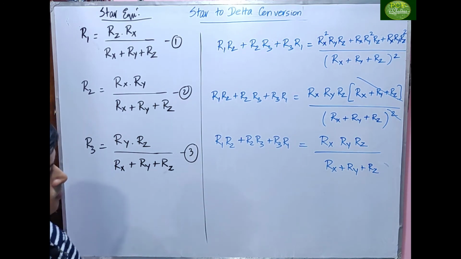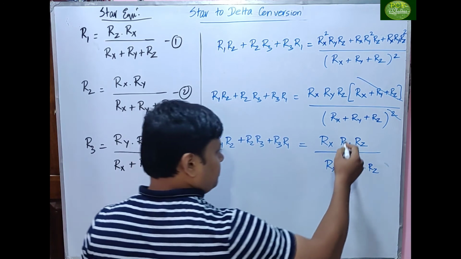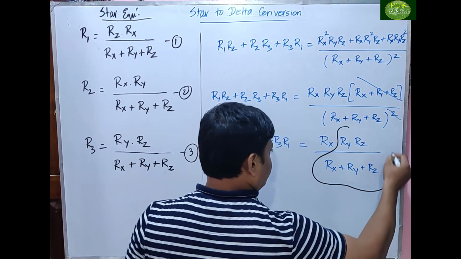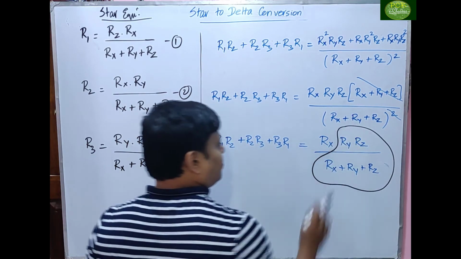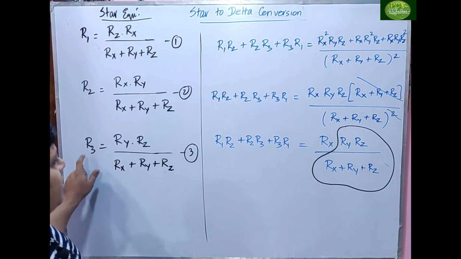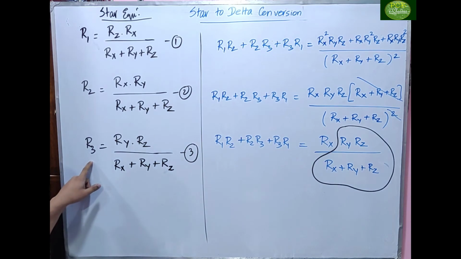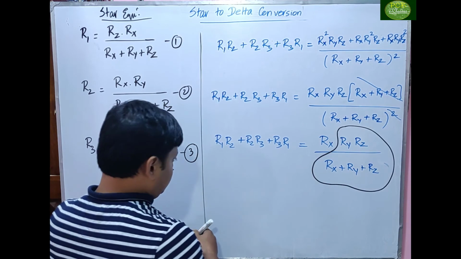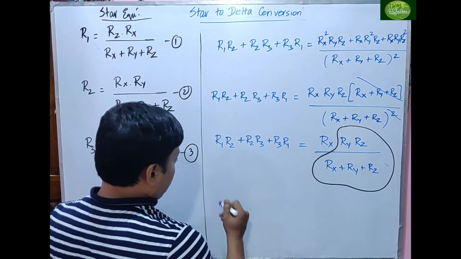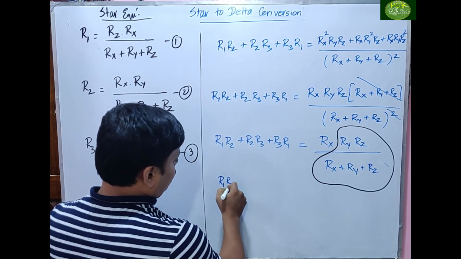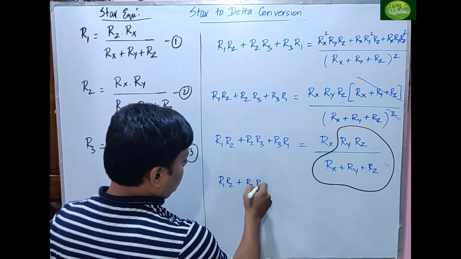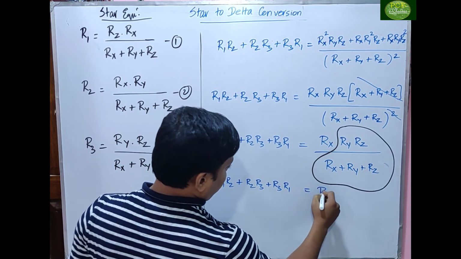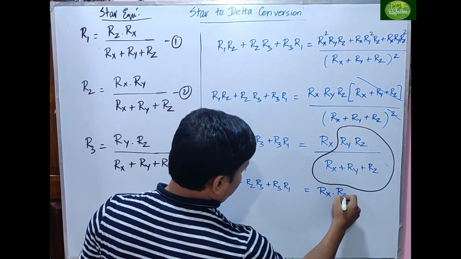Now see here. What is this term? What is the value I am getting here? It's equation number 3, that is R3. So I can write down this one as R1 R2 plus R2 R3 plus R3 R1 equals to Rx into R3.